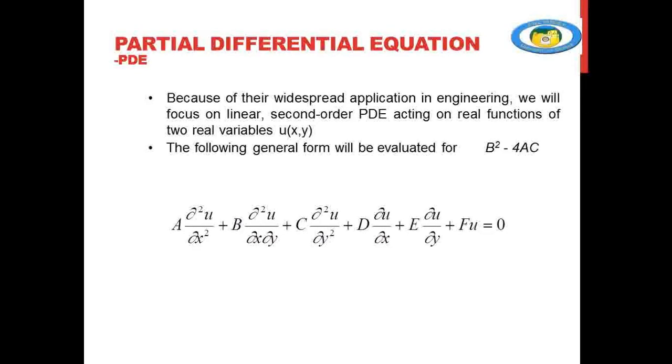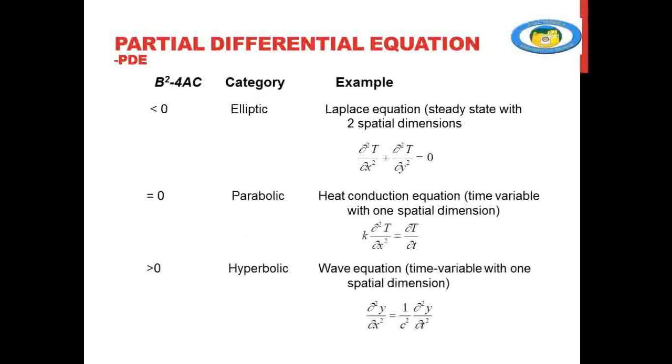Now we are going to evaluate the coefficients, b squared minus 4ac. That would enable us to classify the partial differential equations into three major categories. Mind you, the a, b, and c are the coefficients in that partial differential equation.